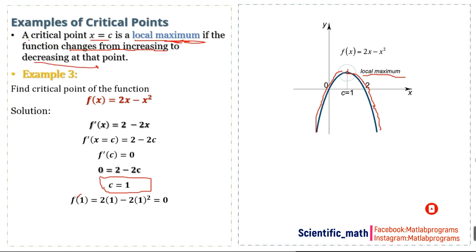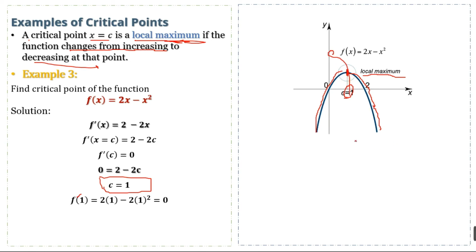So this is the local maximum point, and we can calculate this maximum point by substituting c = 1 in the given function. When we substitute this value, f(1) = 2 − 1, that is 1.